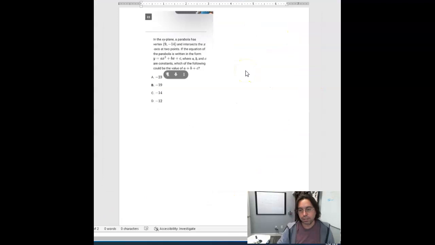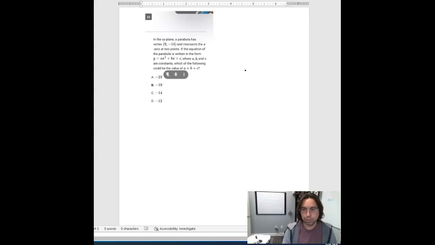Okay, the last question that we have here is referencing the quadratics again, but more specifically the vertex form. And the real hangup on this one is it's testing our understanding of a positive or negative A value.